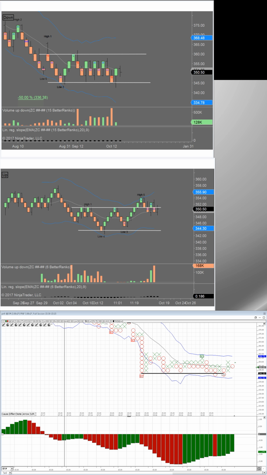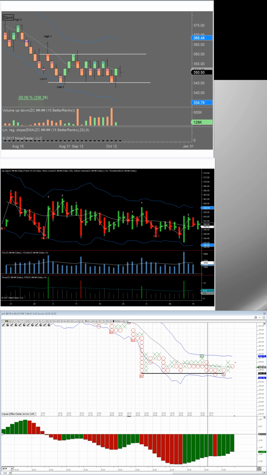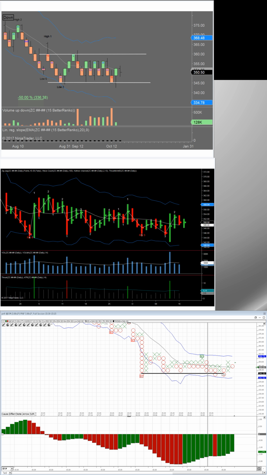Let's take a look at the daily. The daily chart. What was it again? Corn. Wow, that really is a strong price volume thrust.